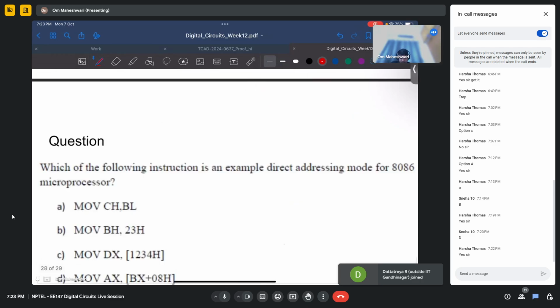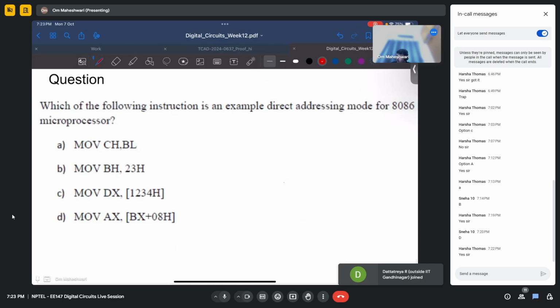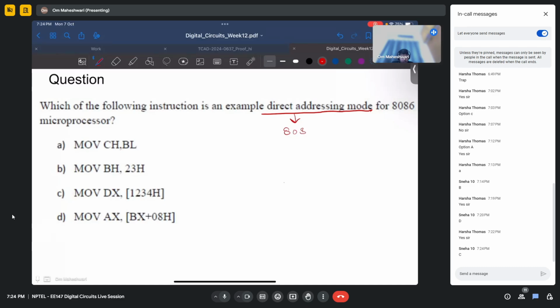Okay, see the next one. Which of the following instructions is an example of direct addressing mode for the 8086 microprocessor? So we have seen direct addressing in the last class in 8085 also.